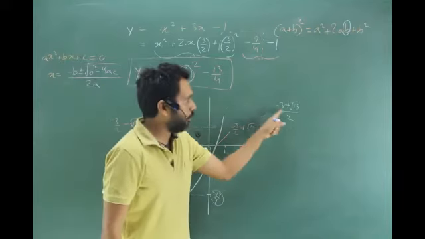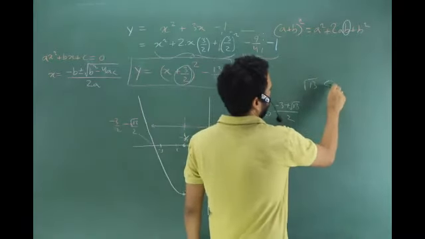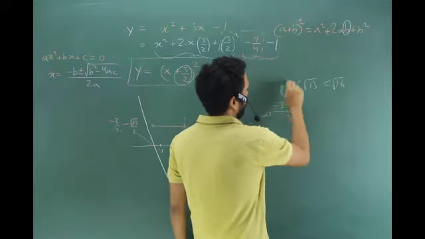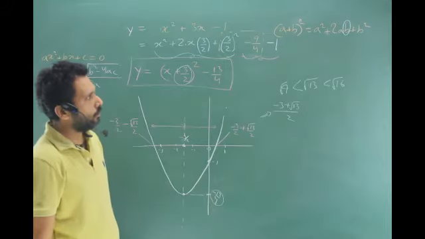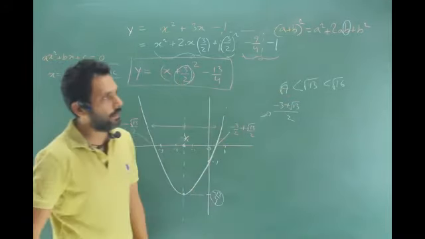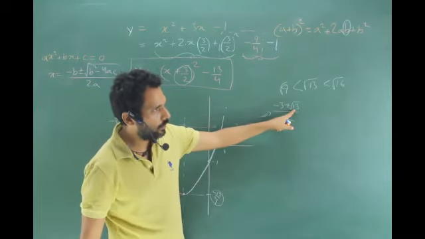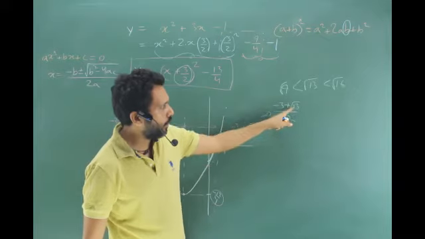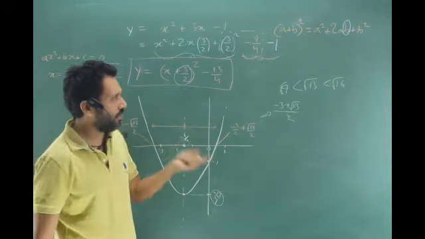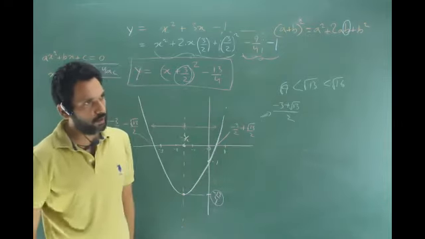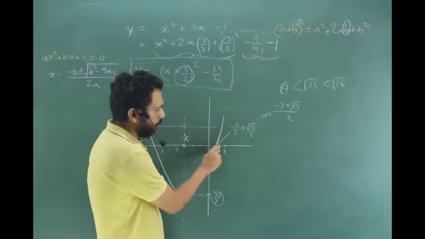We have to check this value. √13 is less than √16 for sure and greater than √9 for sure. √16 is 4, √9 is 3, so √13 is between 3 and 4. So √13 minus 3 will be between 0 and 1, and half of it again lies between 0 and 1. In fact, it will lie less than 0.5.